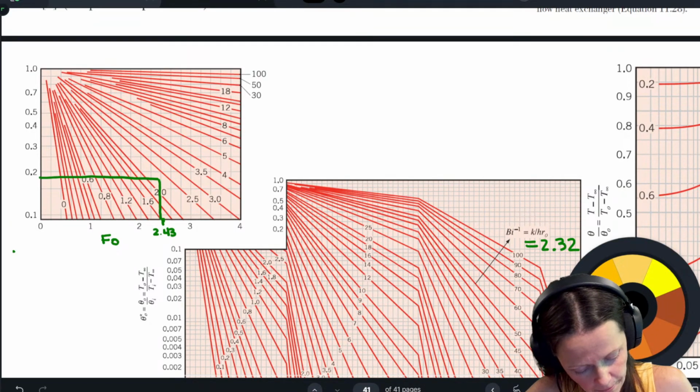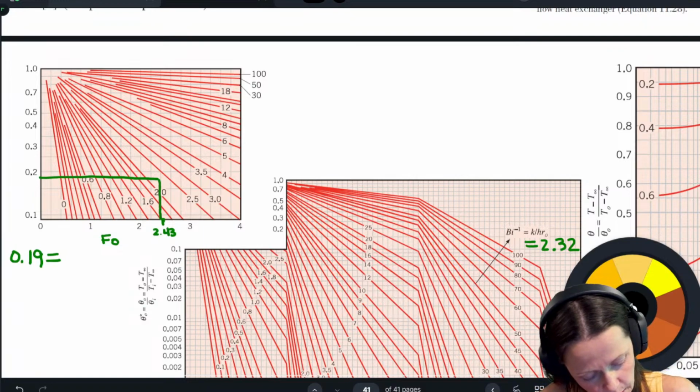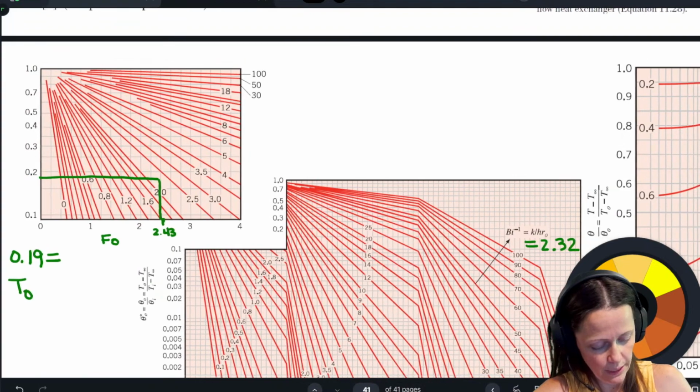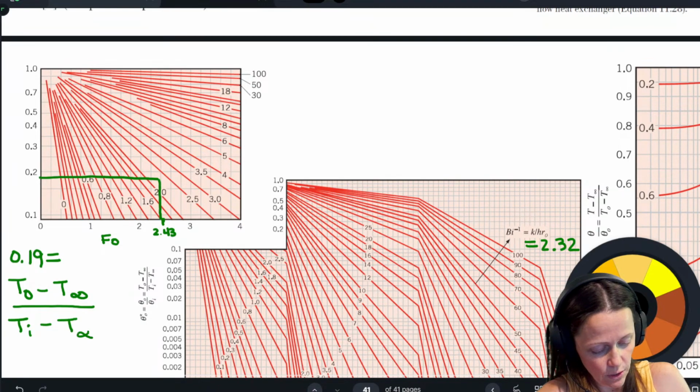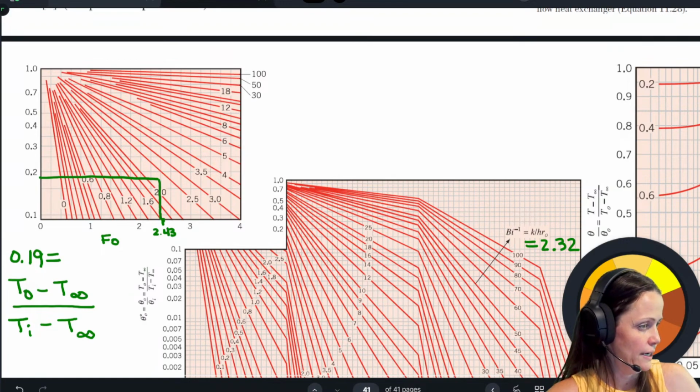And so what that gives us, I don't know, pretty close, 0.1918, something like that. This is equal to T at r equals 0 minus T infinity over T initial minus T infinity. And you could solve for T naught. In fact, let's do that.